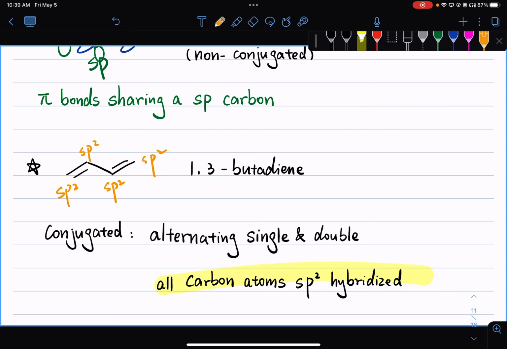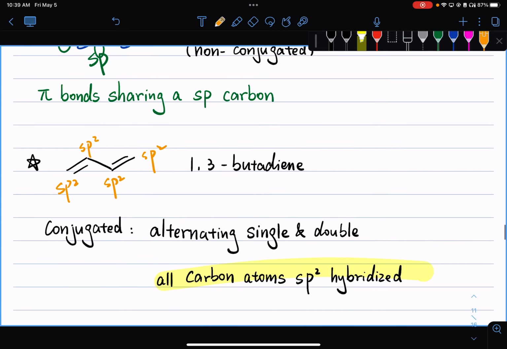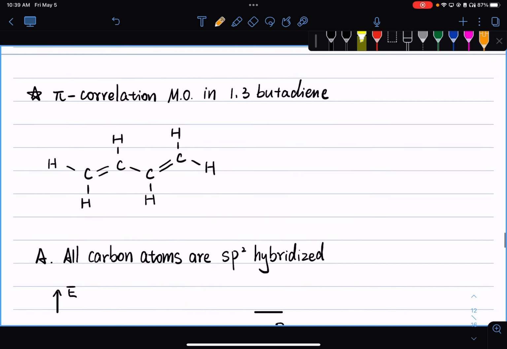So three different types of diene: if they're separated by an sp3 carbon, they're non-conjugated dienes. If they're separated by an sp carbon, they're called allenes. And what we care about are conjugated dienes, where all carbon atoms are sp2 hybridized and they basically have alternating single and double bonds. All right, so that's the nomenclature part.